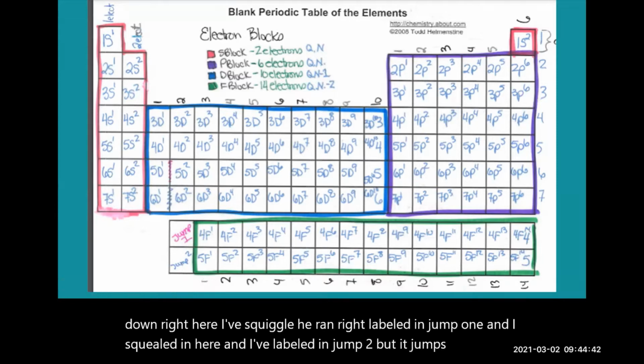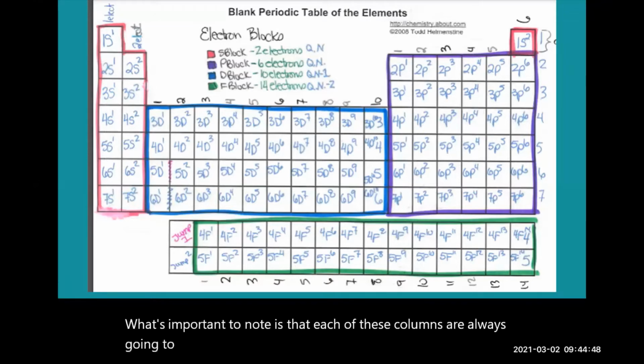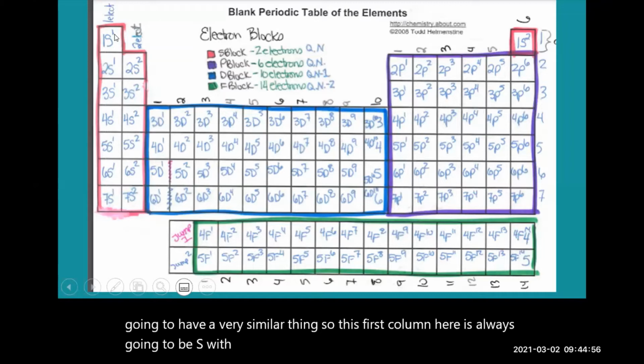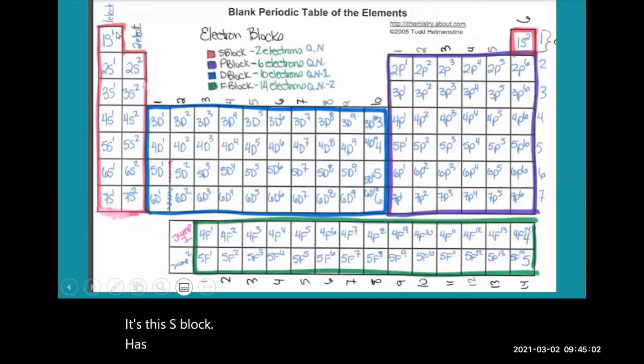Now, what's important to note is that each of these columns is always going to have a very similar thing. So this first column here is always going to be S with a superscript 1, because that's saying this S block has 1 electron.